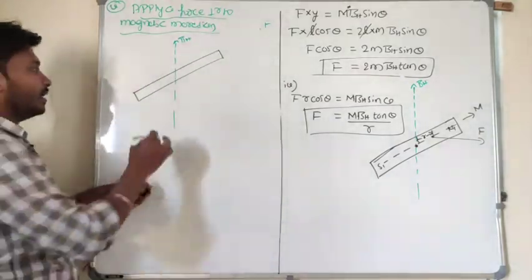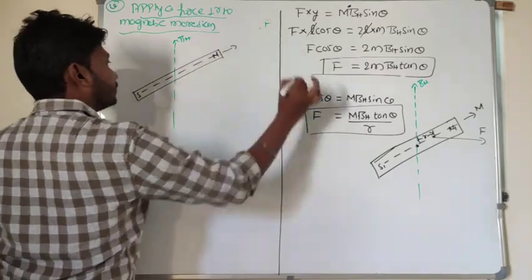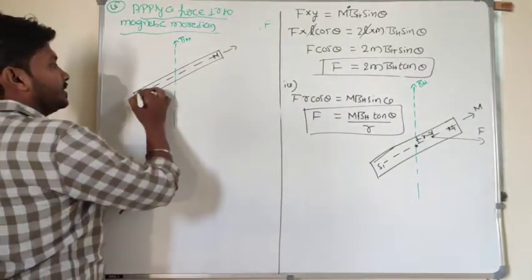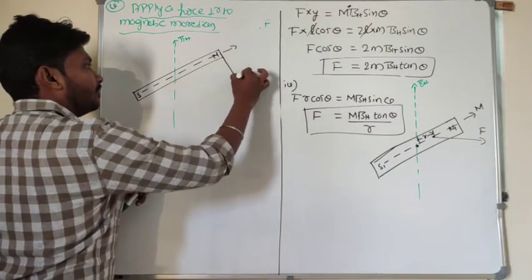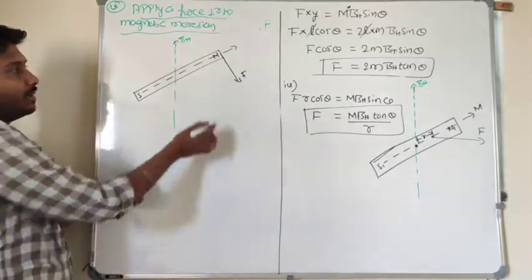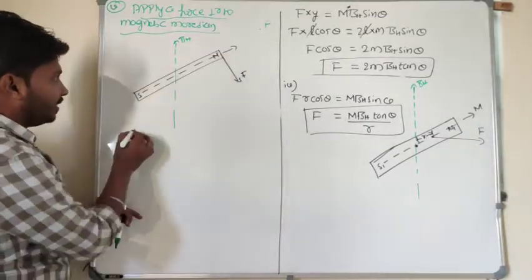This is one bar magnet I will take, in the south and north direction, right? Now this is the magnetic meridian I mentioned. If I apply the force perpendicular to the magnetic meridian at the end, what will be the equation I can find here?